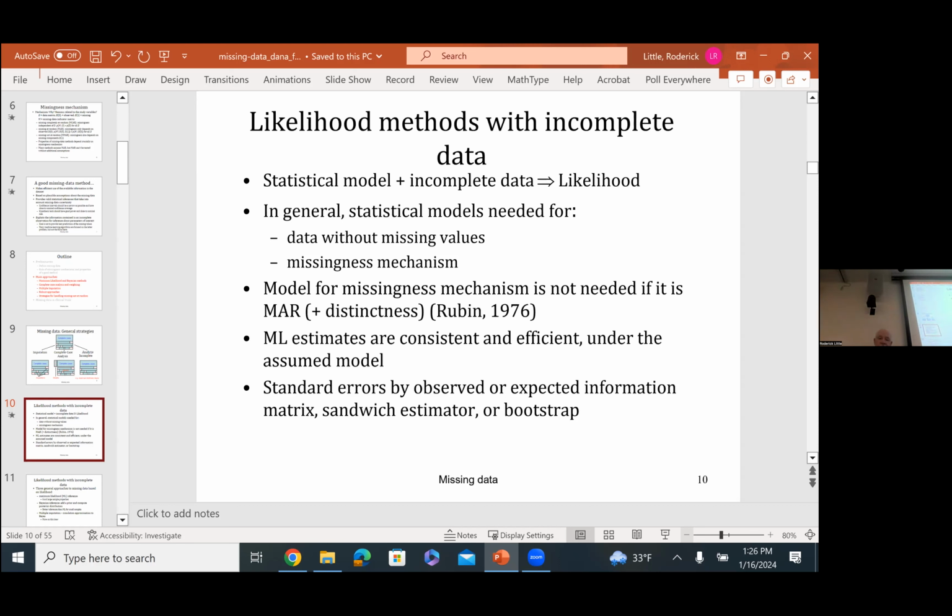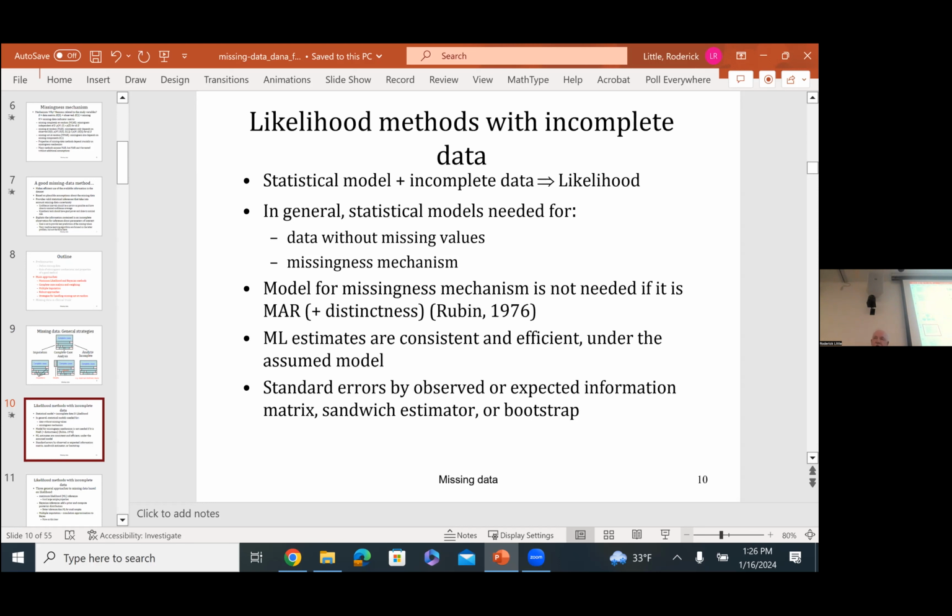For missing data in general, you need a statistical model, both for the data, what the data would look like without missing values, the original full data matrix, but also for the missingness mechanism. So you have to make assumptions about missingness. And that's not easy to do.